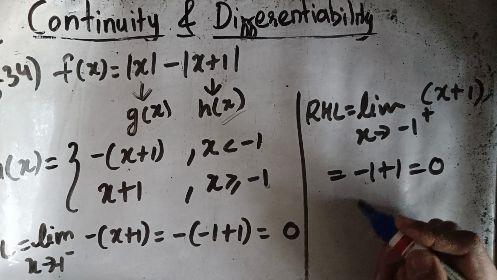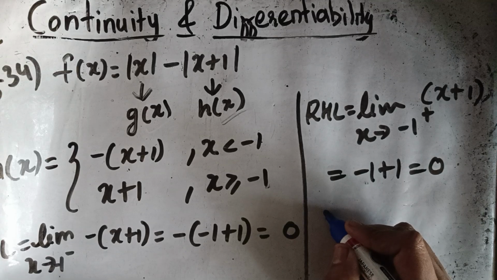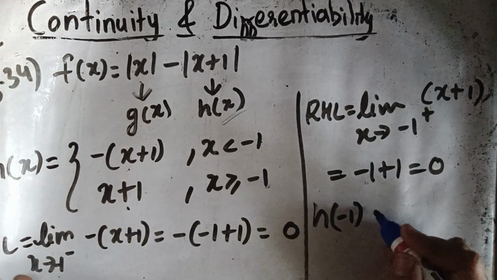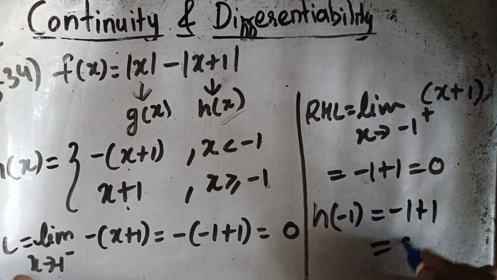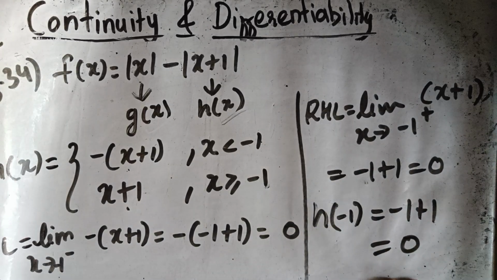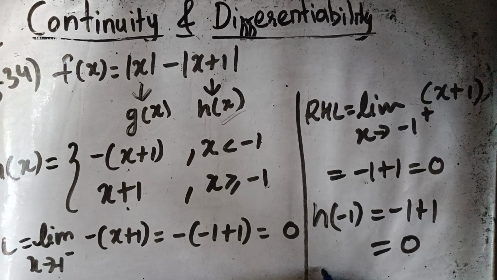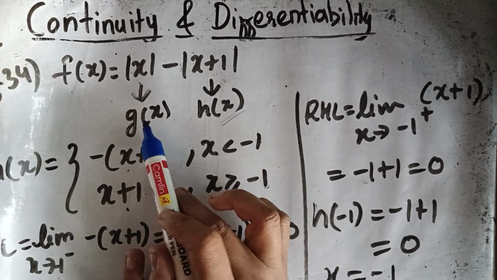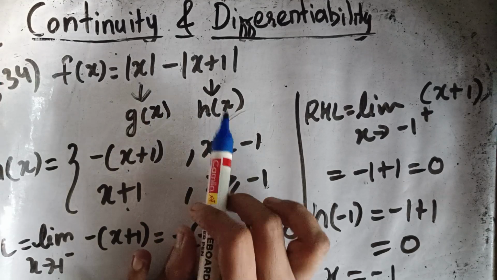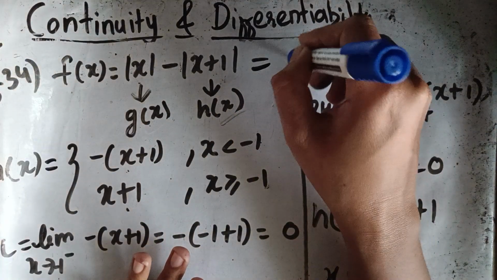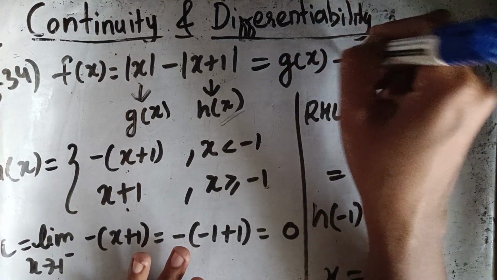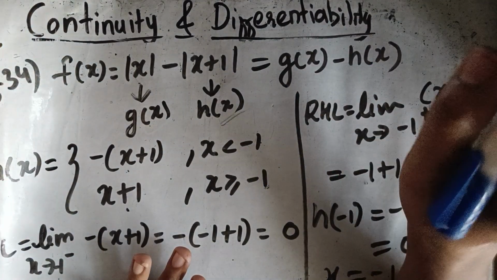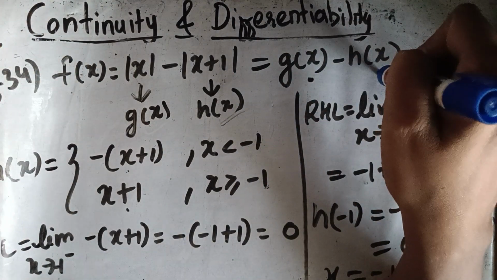Okay, at this is h, no? h of minus 1, this value you have to take. So minus 1 plus 1, it is 0. So here also it is continuous, that is at x equal to minus 1, the function is continuous. Okay, so both the functions are continuous, g of x and h of x. So our f of x, which is written as g of x minus h of x, is continuous, as g of x and h of x are continuous.